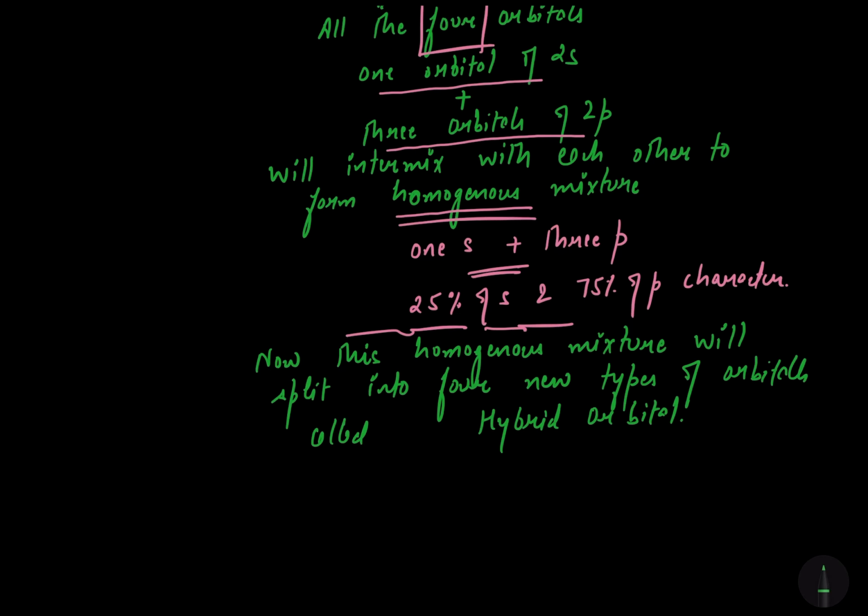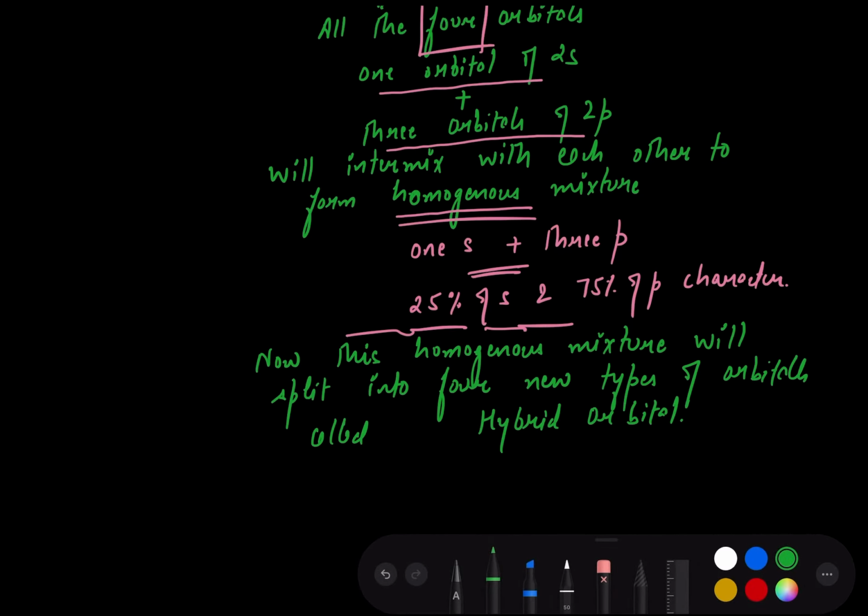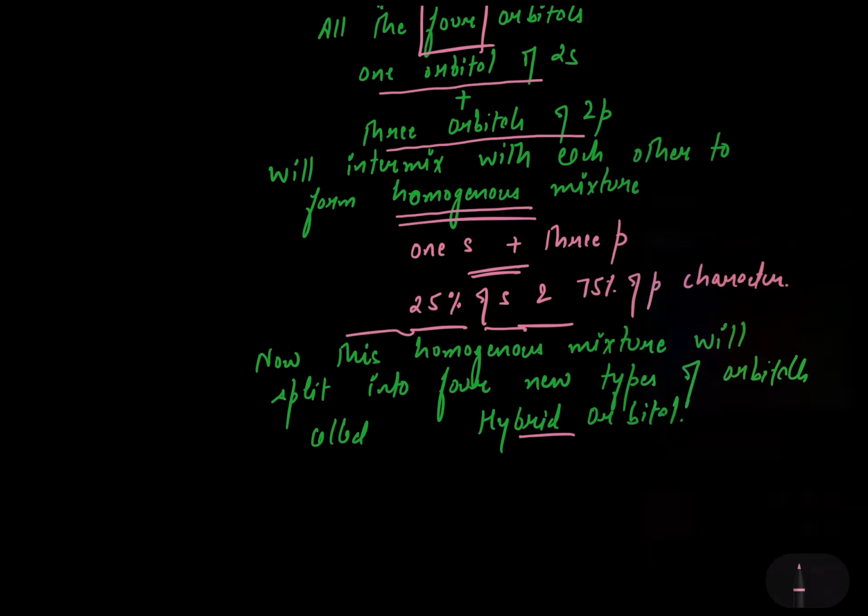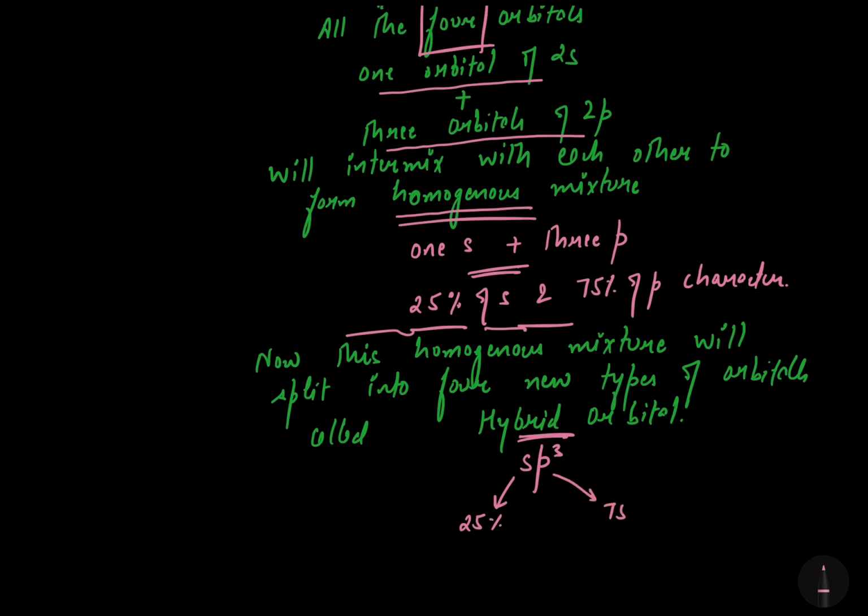So we are going to have 4 new types of atomic orbitals called hybrid orbitals, and the name of that hybrid orbital will be sp3. This sp3 signifies that S is 25% and P character is 75% in all the 4 new atomic orbitals.